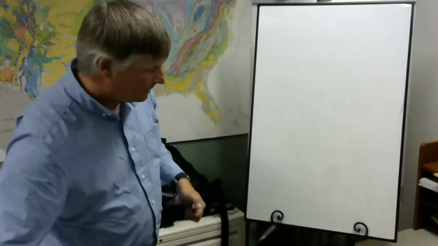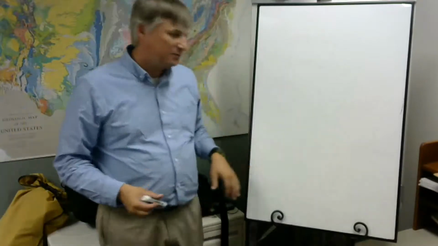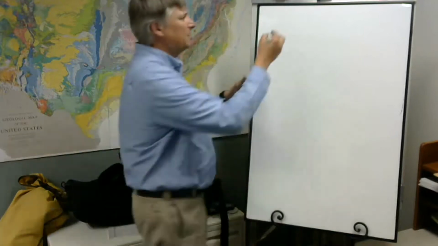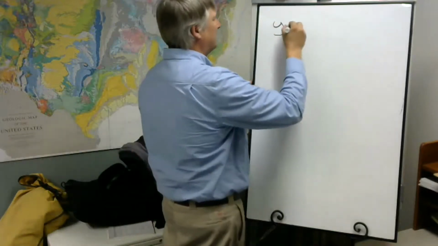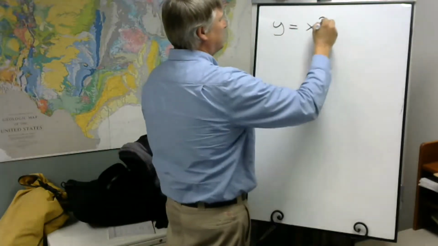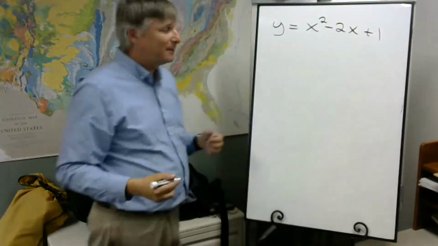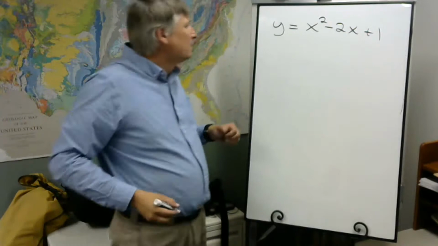All right. So we like to express functions in a special sort of way. You see me use this cursive R for a relation. We tend to express functions with their own special notation. So you've seen stuff like this, like y equals x squared minus 2x plus 1. See something like this, quadratic equation.